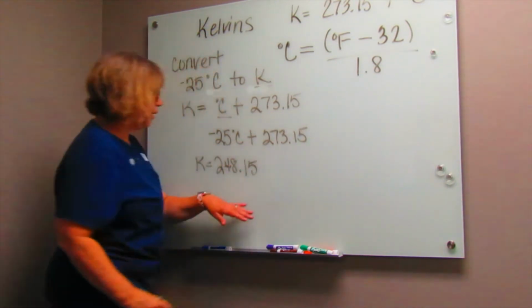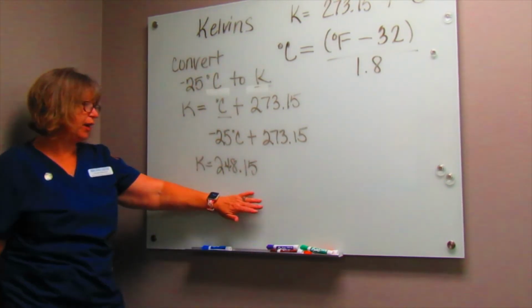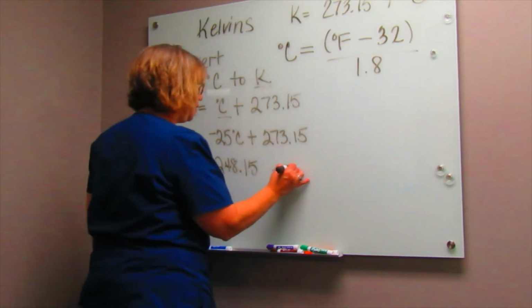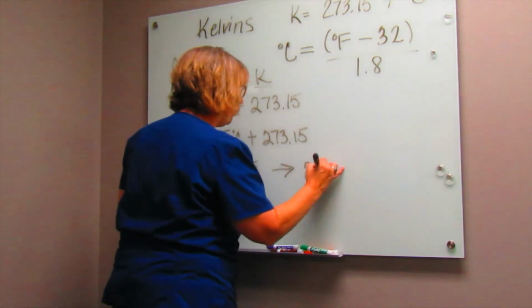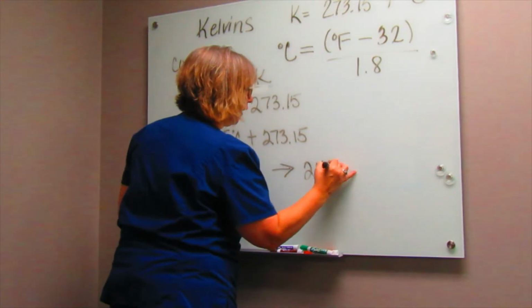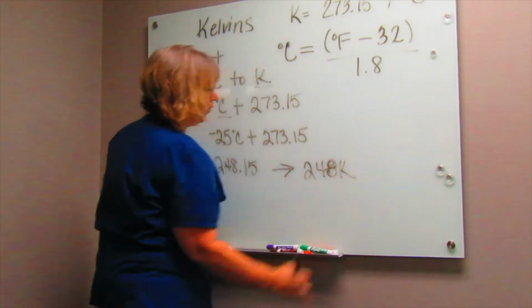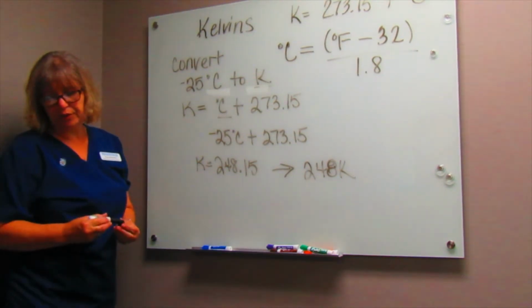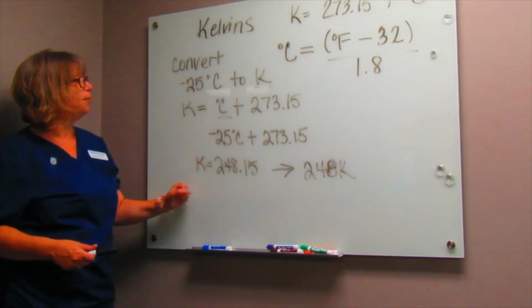So kelvins is going to equal 248.15. Now your professor here is not real picky when it comes to rounding, so we'll just round it and leave it a whole number. So our answer is 248 kelvins, right here. So these are not hard.